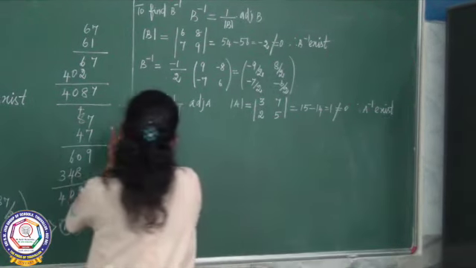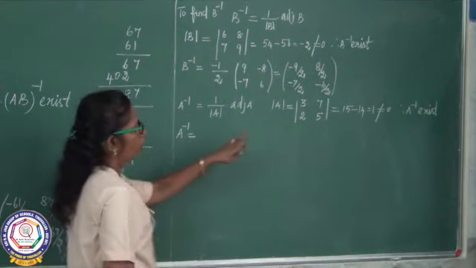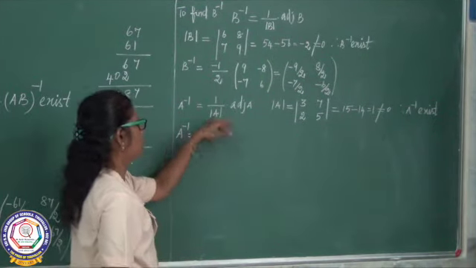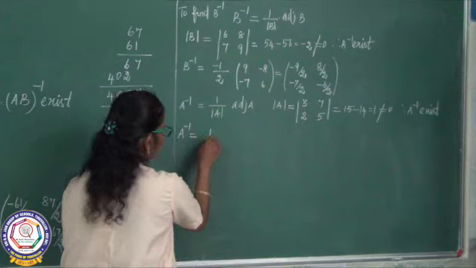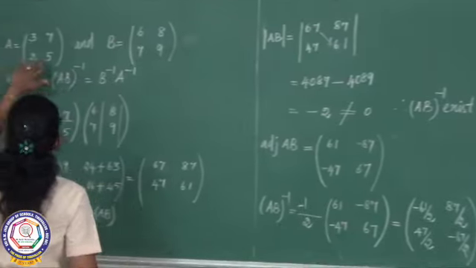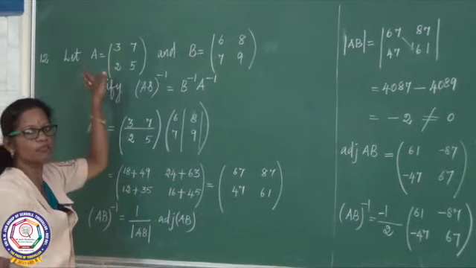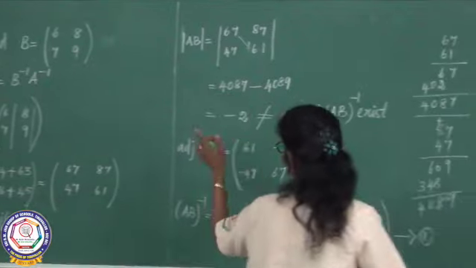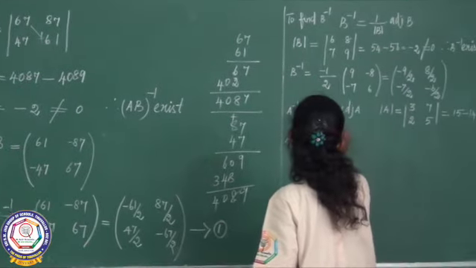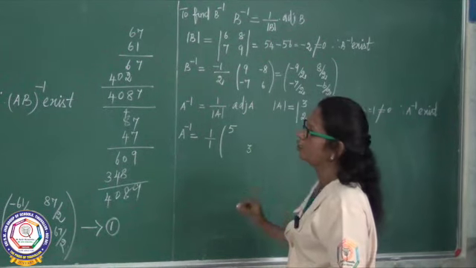Now, A inverse equal to 1 by determinant A. Determinant A is 1, so 1 by 1 adjoint of A. For the adjoint of A, you change the main diagonal entries and change the sign of the subdiagonal. What is your A? 3, 5. So, 5 will come to A11, 3 will move to A22.